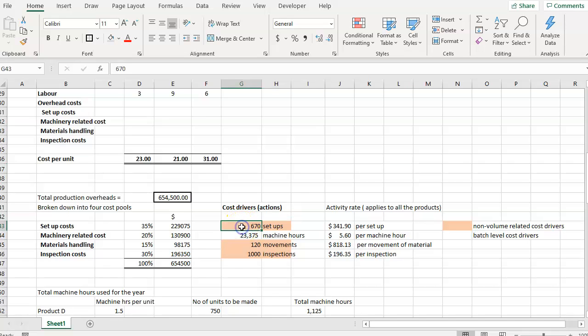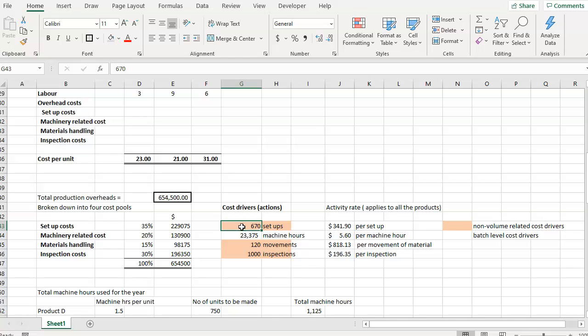670 setups were used to arrive at an activity rate of $341.50. When you look at the sheet, of the 670 setups, 75 were from product D, 115 for product C, and 480 for product P. In all, 670 setups.